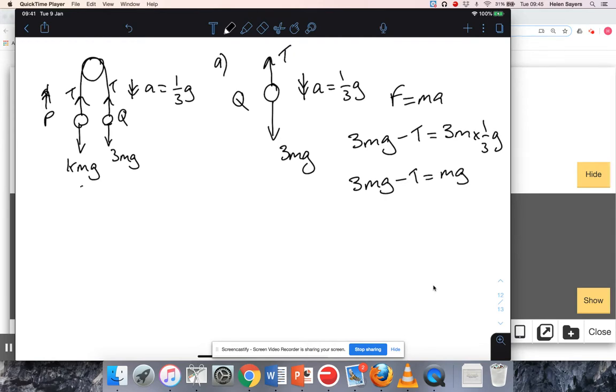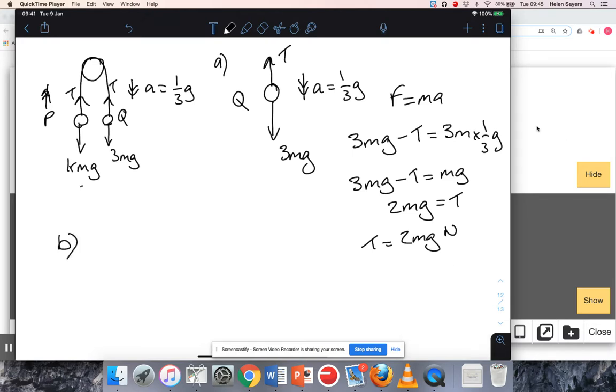If I take mg from 3mg, I get 2mg, and if I add the tension over, I get that the tension is 2mg. That's going to be newtons because it's a force. If it didn't say to leave it in terms of g, then putting 19.6m would be absolutely fine as well if you used g as 9.8.